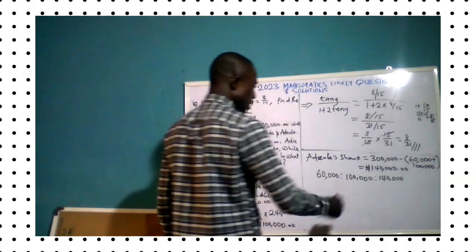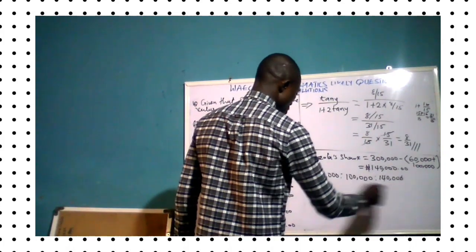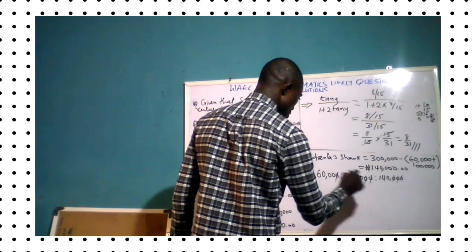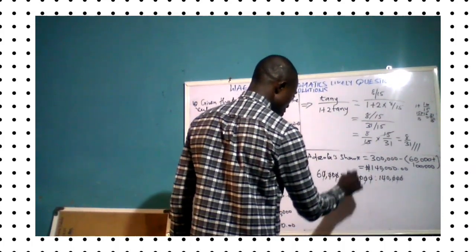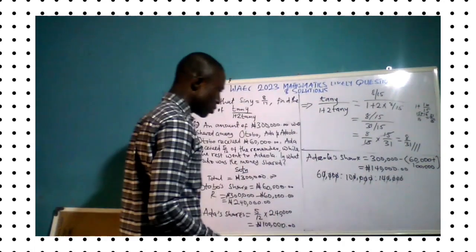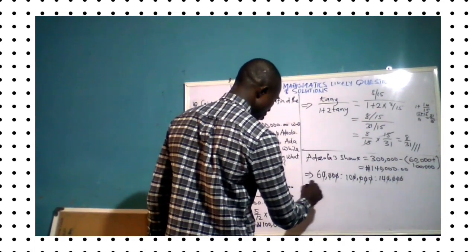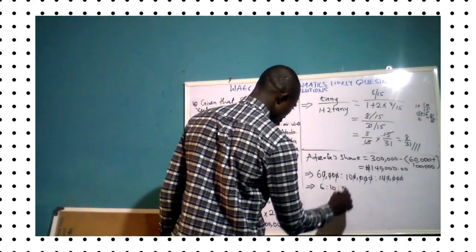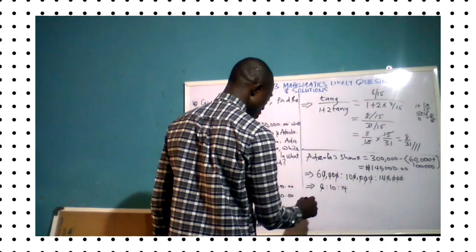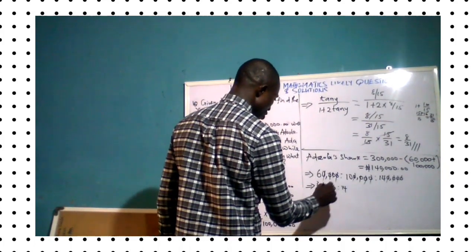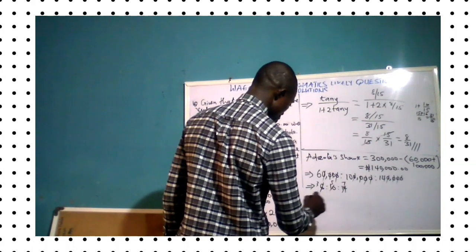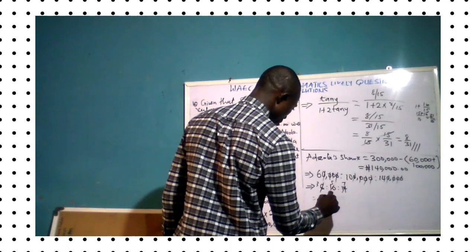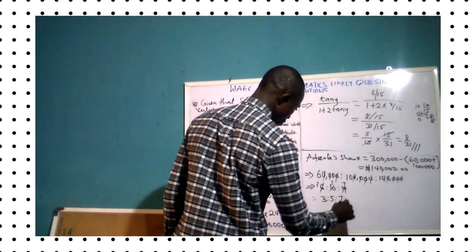Of course, they are in naira, so we cancel the zeros. Further simplifying, you have 6 ratio 10 ratio 14. Of course, 2 can still go into all of them: 2 here gives 3, 2 here gives 5, 2 here gives 7. So therefore, it is in the ratio 3 : 5 : 7. That's the answer.